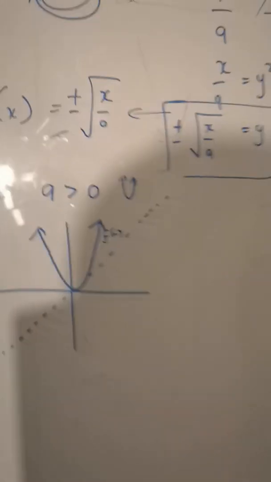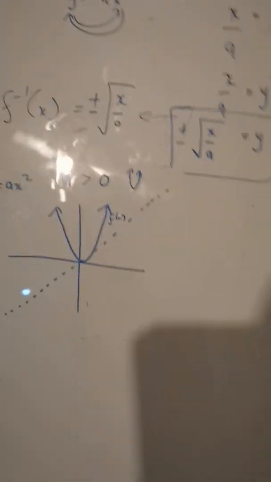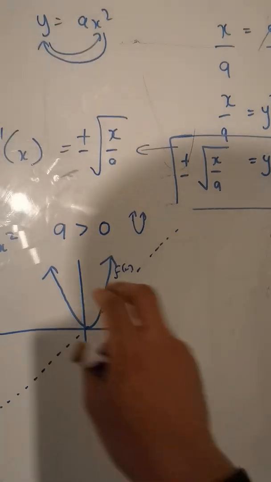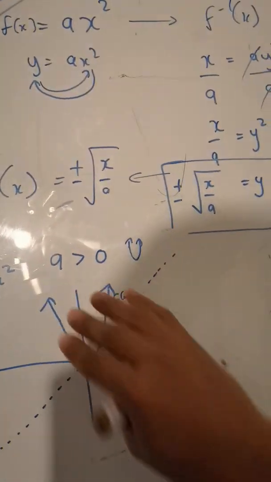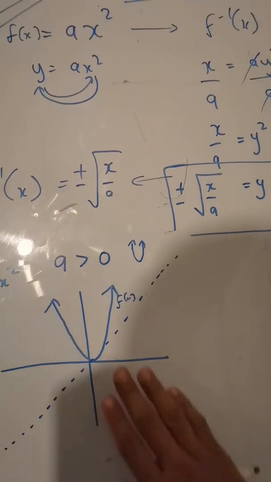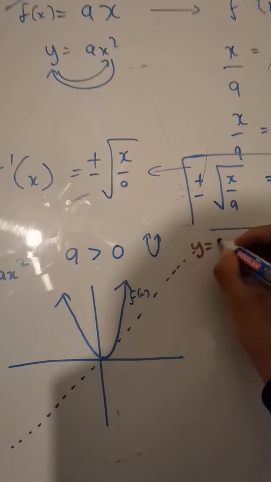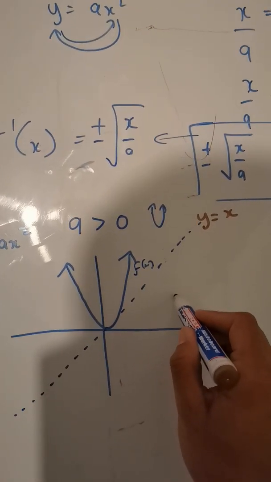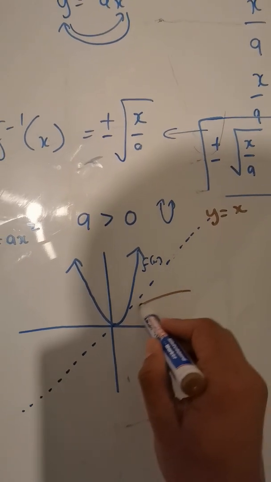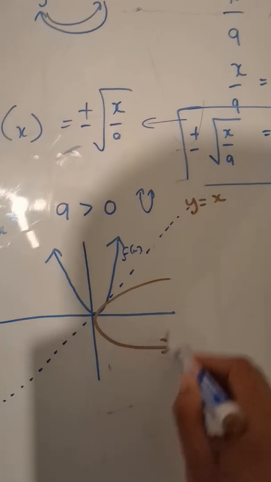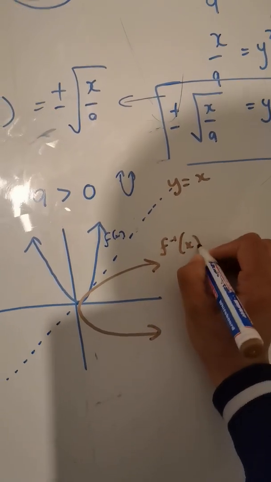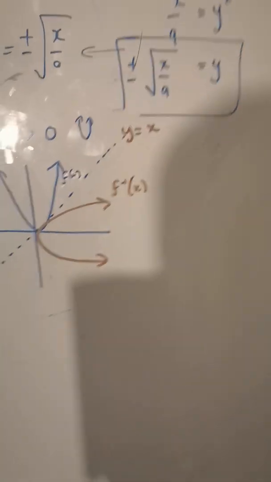Now, the inverse of this graph is going to be inverted. So you're going to flip it across the line y equal to x, and the inverse graph is going to look like this. Okay, and that's the inverse of f of x.